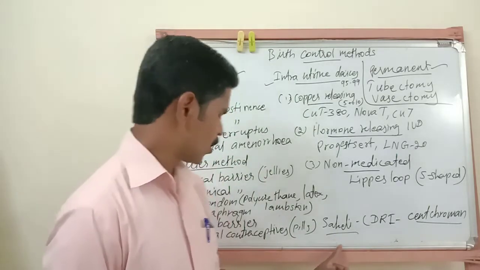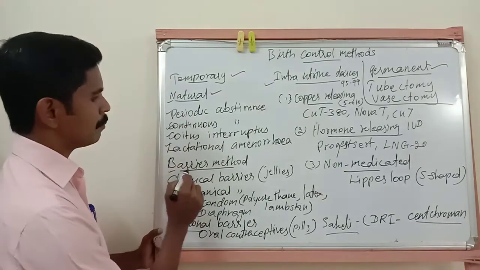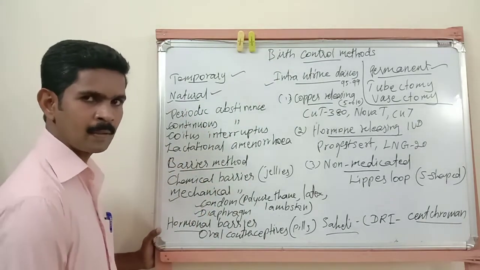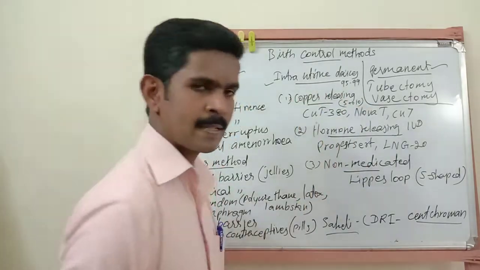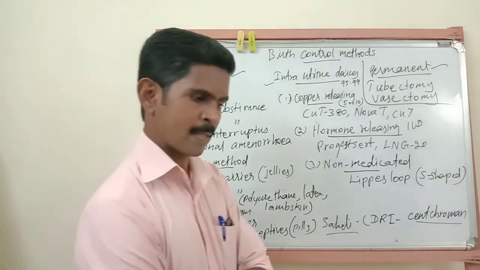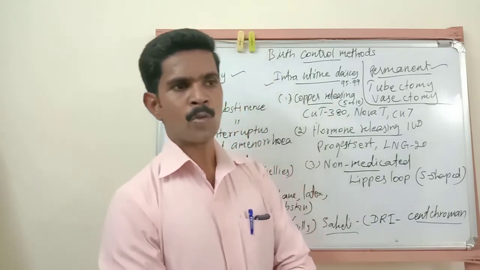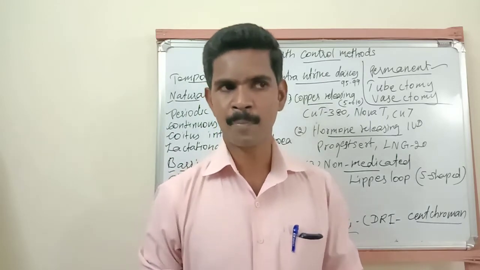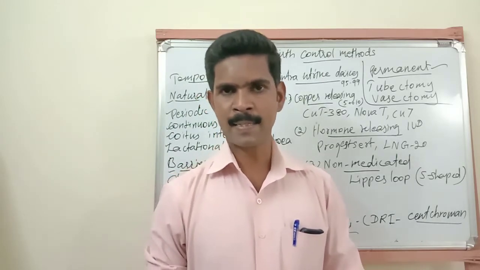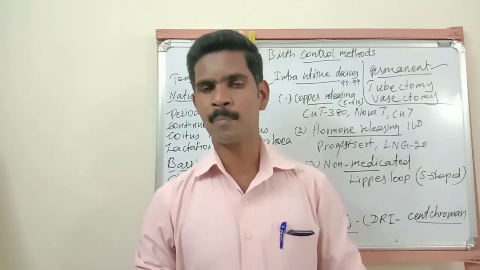Understand, my dear students? So now we have completed natural methods and barrier methods. Then the next one is intrauterine devices. Listen very carefully. To avoid pregnancy or the fertilization process, some devices are inserted inside the uterus of the female reproductive system.